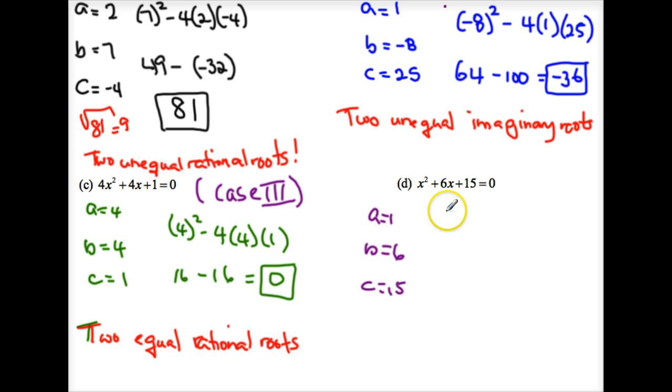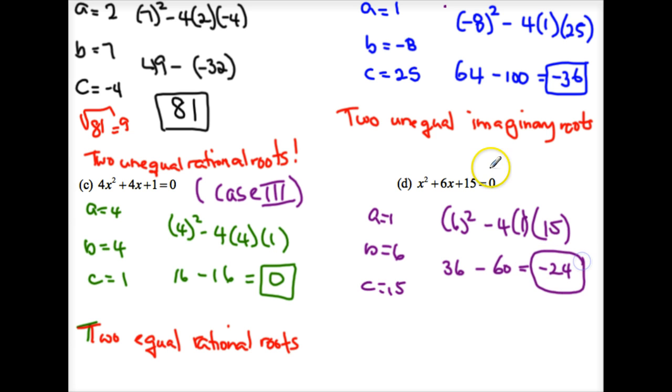My discriminant becomes 6 squared minus 4 times 1 times 15. 6 squared is 36, take away 4 times 1 is 4, 4 times 15 is 60. This will be equal to negative 24.